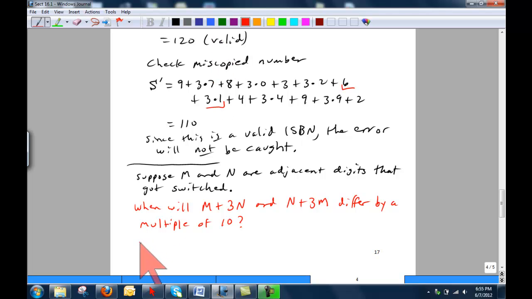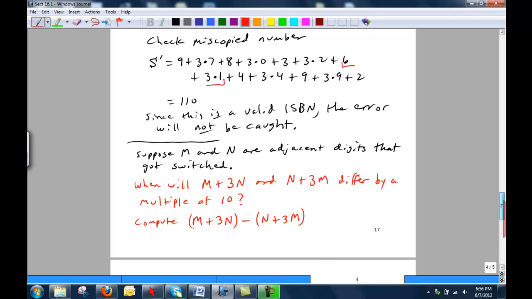So let's compute how different these two numbers are. Different means subtraction. So what happens when we take m plus 3 times n minus n plus 3 times m? Let's do some algebra.